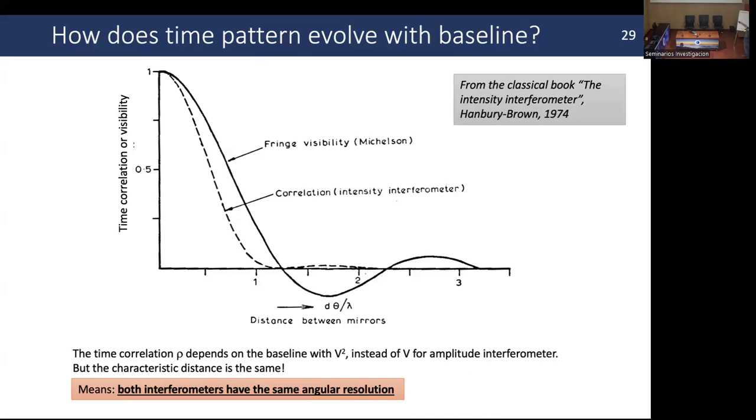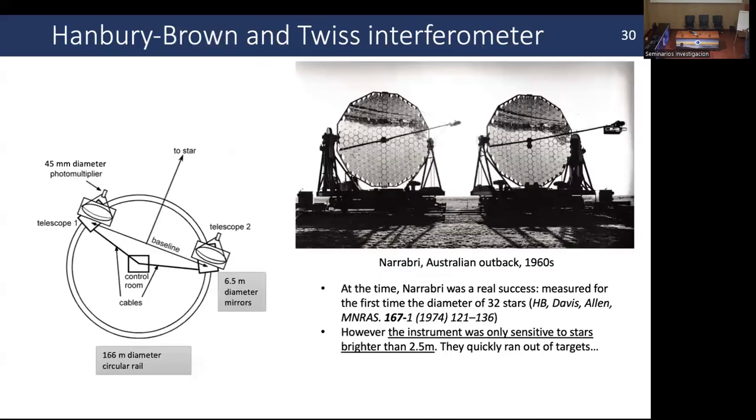You also see a pattern of correlation that falls down and depends inversely with the angular diameter of the star. Okay, so both interferometers have the same angular resolution. We can measure exactly the same kind of stars with the two types of interferometers.